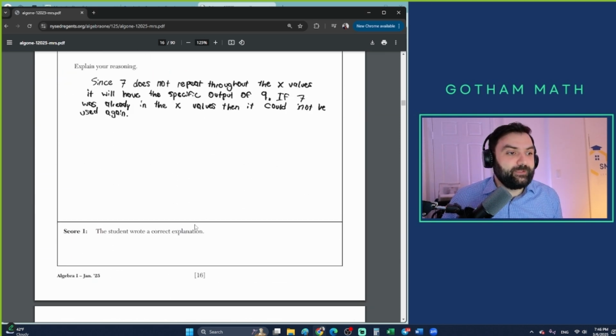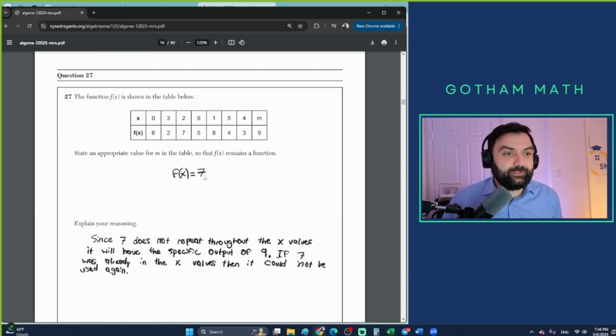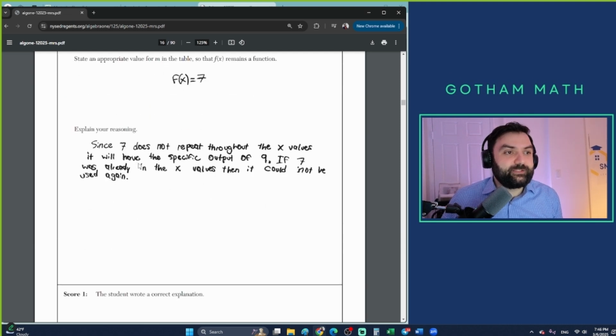This is a score 1, guys. 7 was correct, but the student wrote f of x. No, it's x, not f of x. The student wrote: since 7 does not repeat through the x values, it will have to be a specific output of 9.